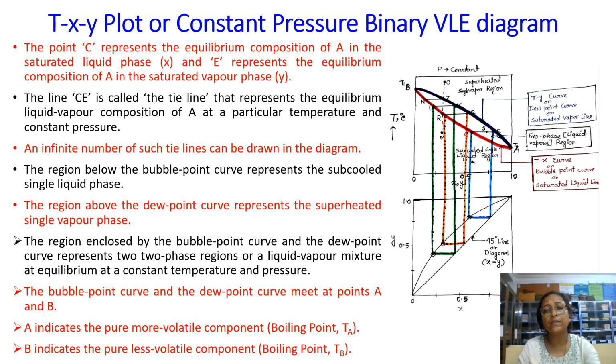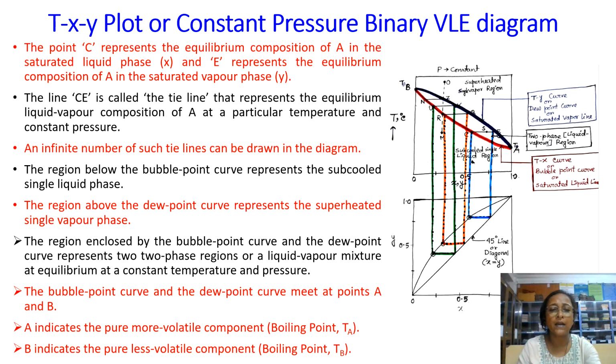On the other hand, the region above the upper curve indicates the presence of a single vapor phase, which is known as the superheated vapor region. Now the region enclosed by the bubble point curve and the dew point curve represents the two-phase region, or liquid vapor mixture at equilibrium at a constant temperature and pressure.